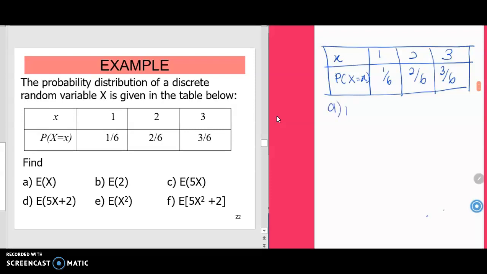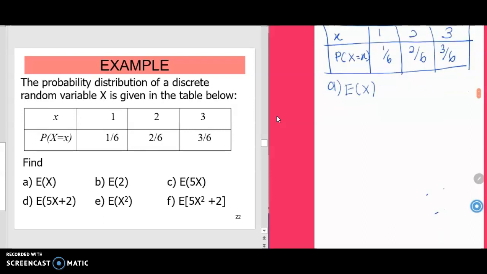So the formula is the sum of x times probability of x is equal to x.